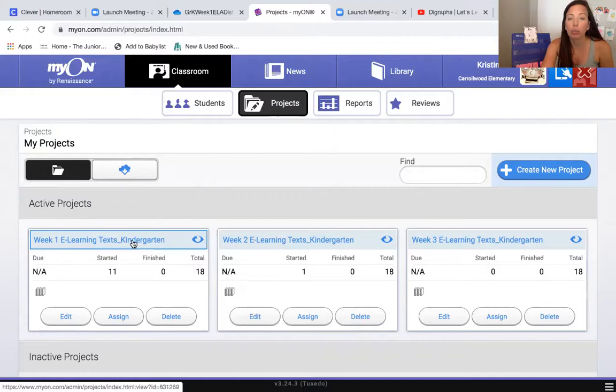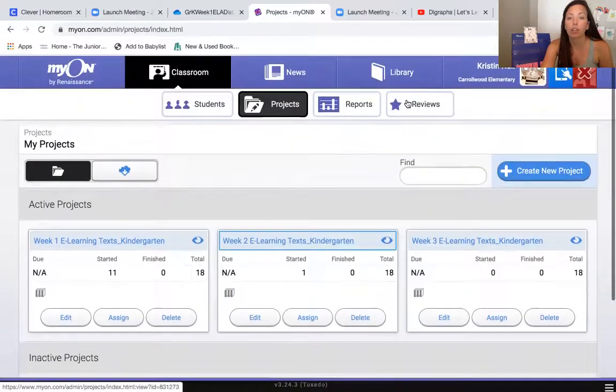If you click on week 1, that's the week we're on right now, and you should be able to find all the books you need for this week in reading or science, or anytime I say anything about using a book from MyOn. And then if you read it in there, then I can see that you've read it. And those will be there for the next few weeks also.